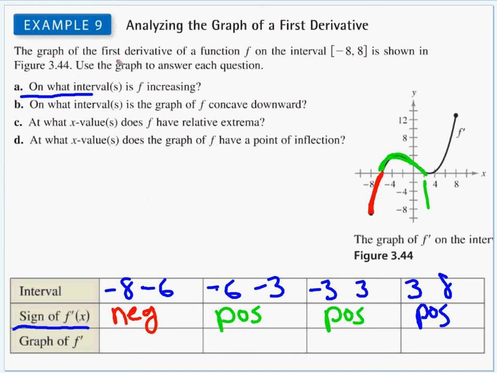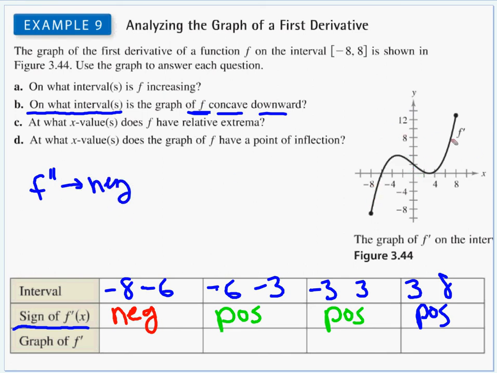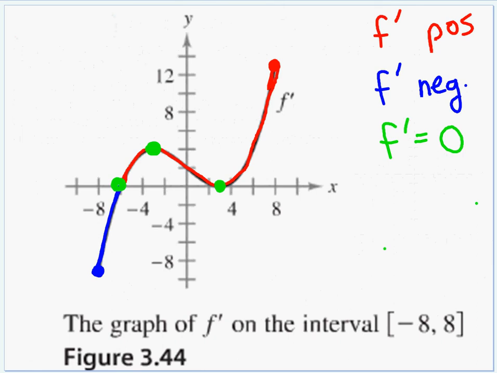Part B might be, in my opinion, maybe the trickier part of this one. On which intervals is the original graph concave down? So what do we know about the second derivative? If it's concave down, the second derivative is going to be negative. What does that look like on our first derivative graph? Well, the second derivative is negative where this graph is sloped downward. So I'm just going to use black ink and highlight: here's the top of a hill, here's the bottom of a valley, here's where the graph is going down.